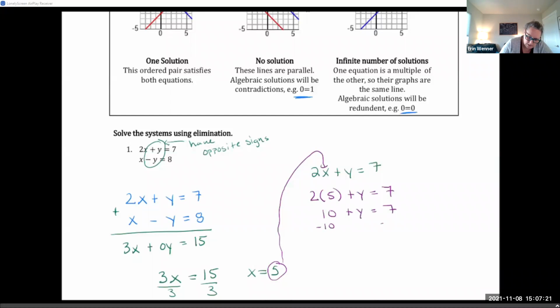We will subtract 10 from both sides. Bring our y down. And I get y equals -3. Which means I have a solution of (5, -3).